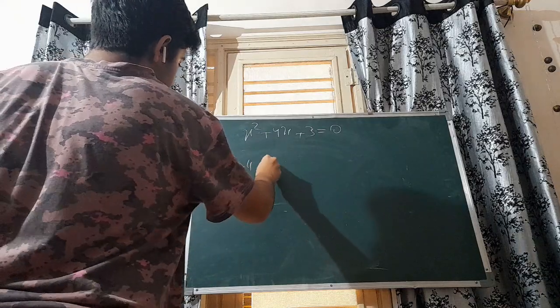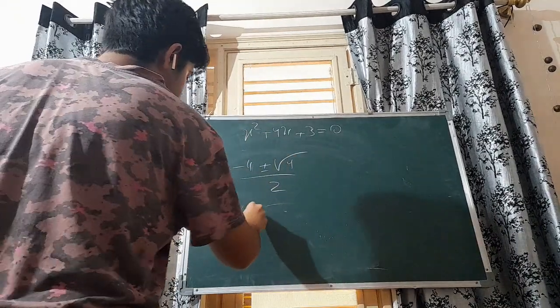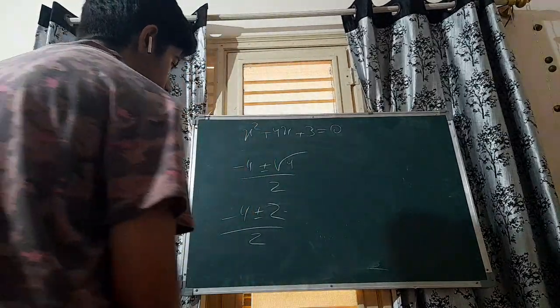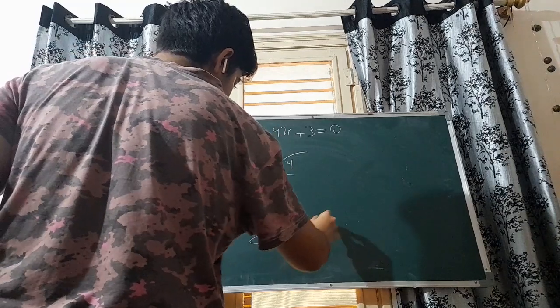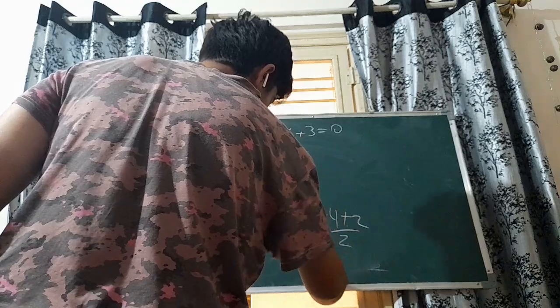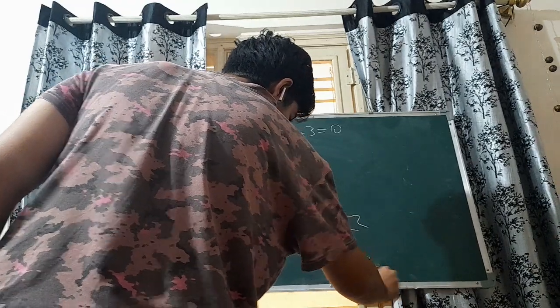So minus 4 plus or minus root 4 over 2. Root 4 is nothing but 2, so we get minus 4 plus or minus 2 over 2. If we split it into two equations, we get minus 4 plus 2 over 2, or minus 4 minus 2 over 2.